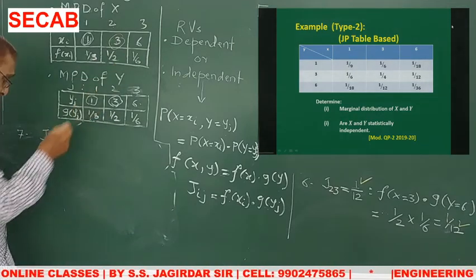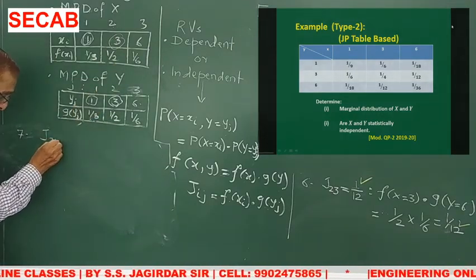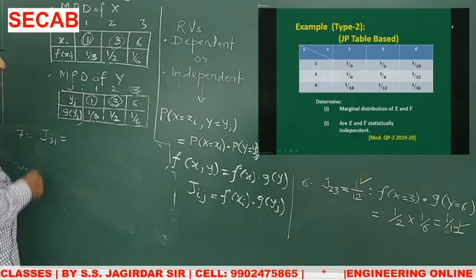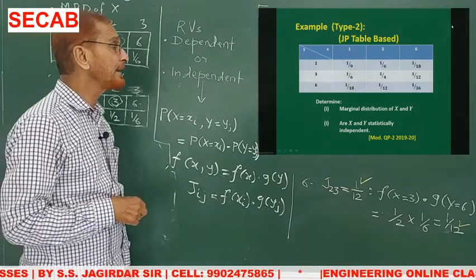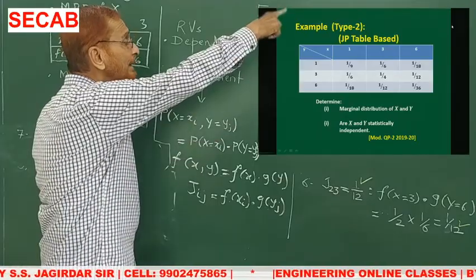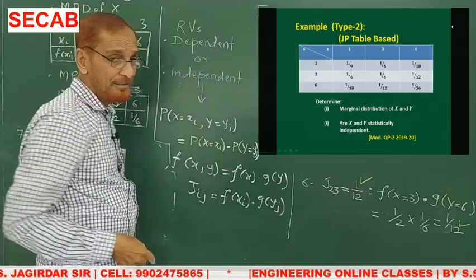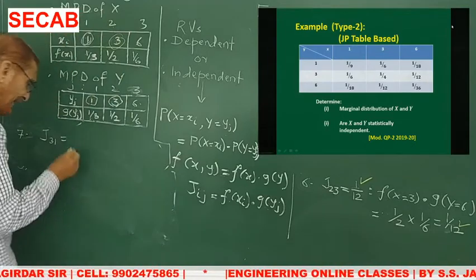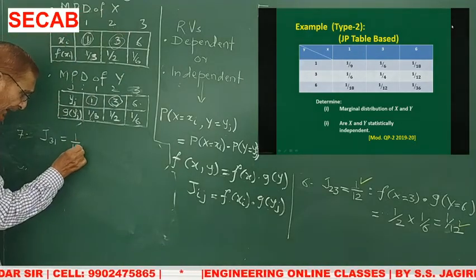In the 7th, J31 we will take up. Look in the table, J31: x is 3 and y is 1. What is the value here? It is 1 upon 18.